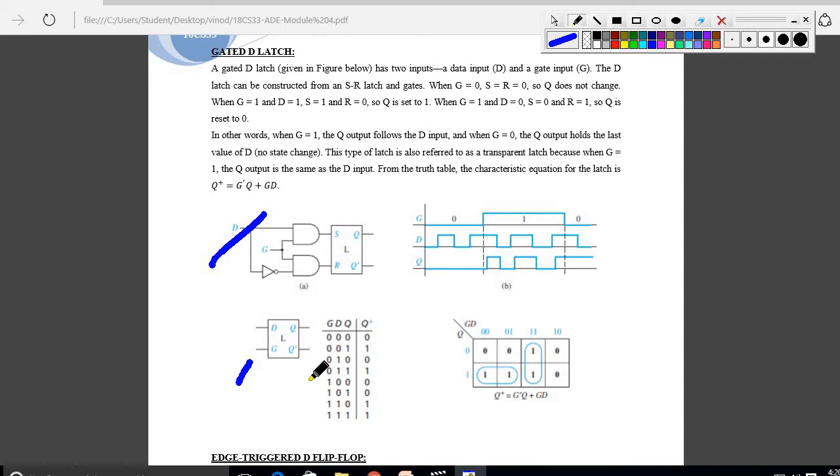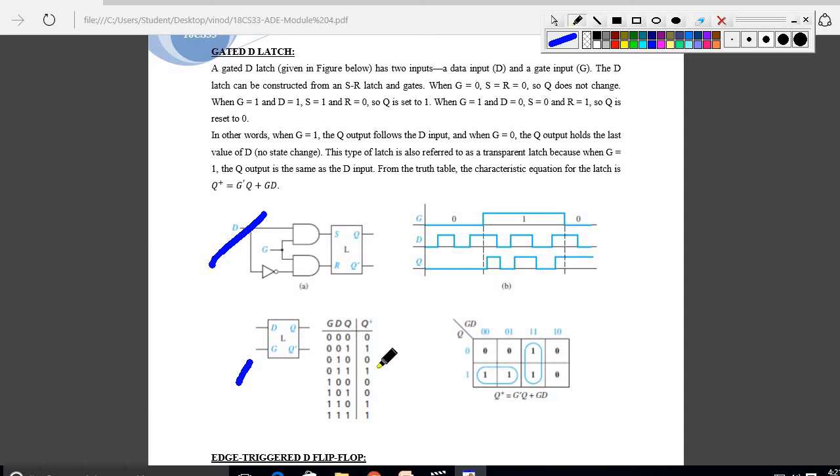Now, this is the Karnaugh map. Again you have to put these values in the Karnaugh map. See here, I am putting 0 here, the first decimal notation is the 0th, then 1, so 0 1, and so on, 0 1 2 3 4 5 6 7.